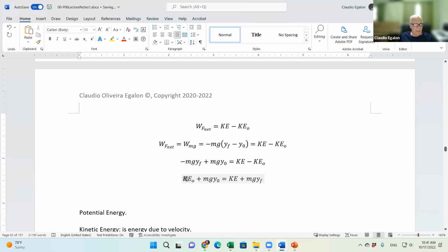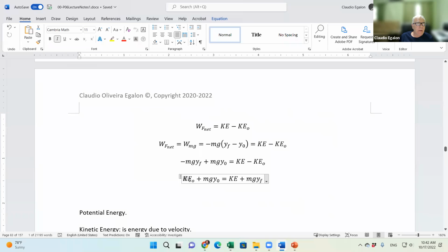We have initial kinetic energy plus mgy naught. mgy naught is what we call the initial potential energy. Make sense, right? It's the potential energy at that initial height. Here we have something similar: the final potential energy, or the potential energy at the final height.